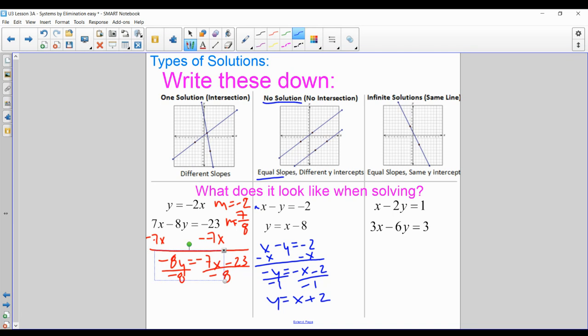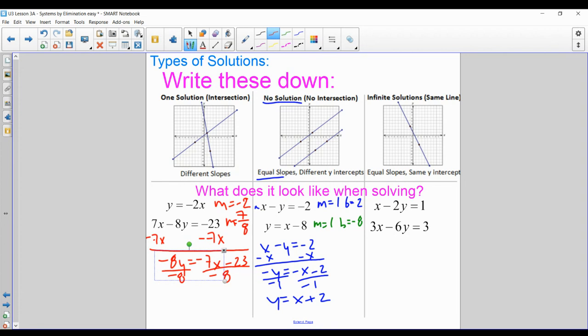Okay, so here in the first one, you can see I have a slope of 1 and a y-intercept of 2. In the second one, I have a slope also of 1, but a y-intercept of -8. So the two lines are in different places.